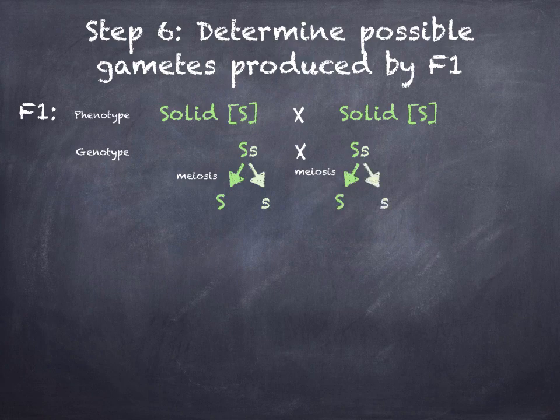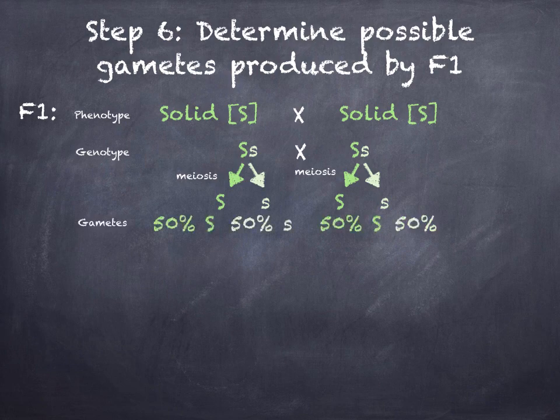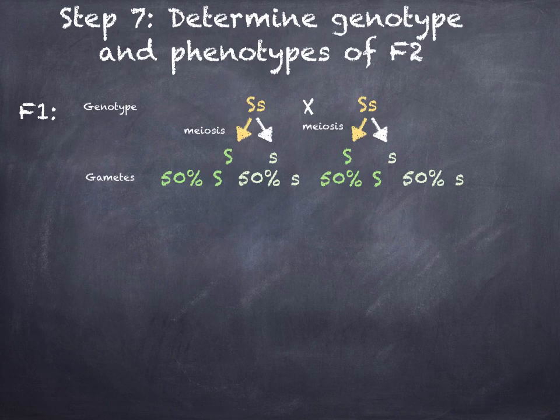So, the two parents will produce 50% of spotted gametes and 50% of gametes carrying the solid allele. Now, once you have this, you need to determine the genotype and the phenotype of the F2 individuals.